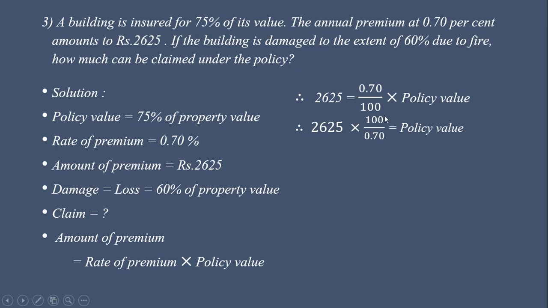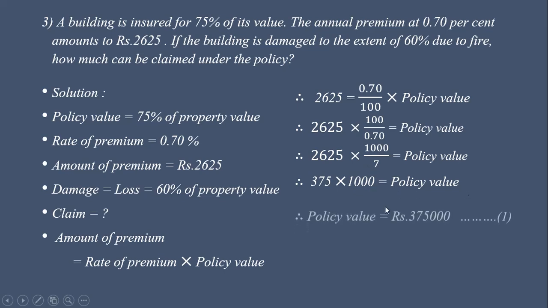Multiplying numerator and denominator by 10, we get 2625 into 100 into 10, 1000, upon 0.7 into 10, 7, is equal to policy value. Now dividing 2625 by 7, we get 375 into this 1000 is equal to policy value. Therefore, we get policy value is equal to product of these two, 3,75,000. We consider this relation as 1.